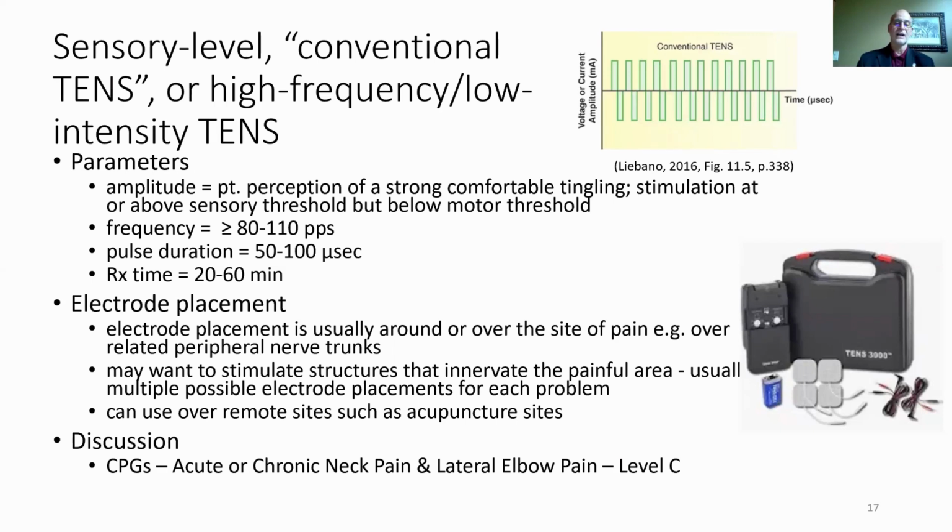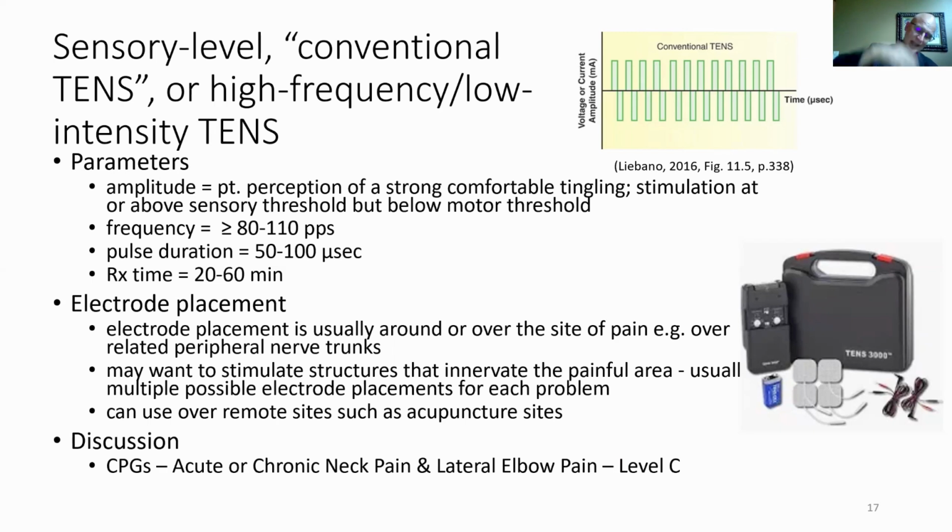And you're using higher pulses per second. That's why it's known as high frequency sensory level. There is a way to do it at low intensity, but it's usually the higher frequency. And here's an example: if you've ever hit your thumb with something, you shake your hand. Why do you shake your hand?